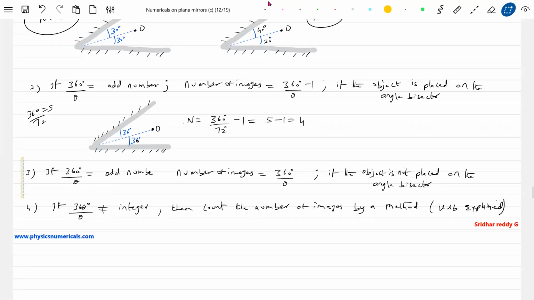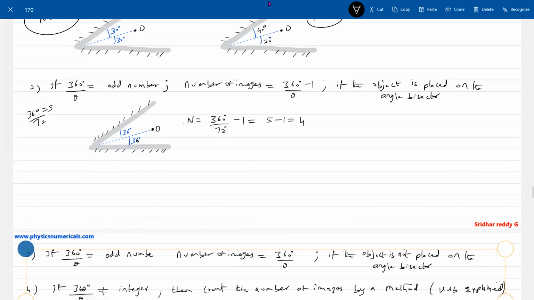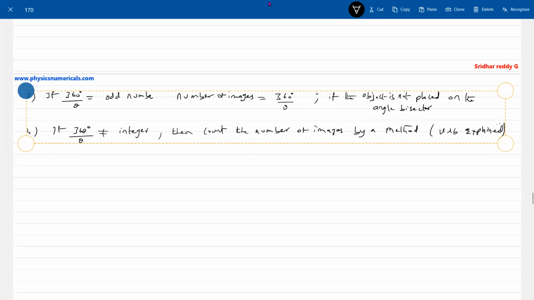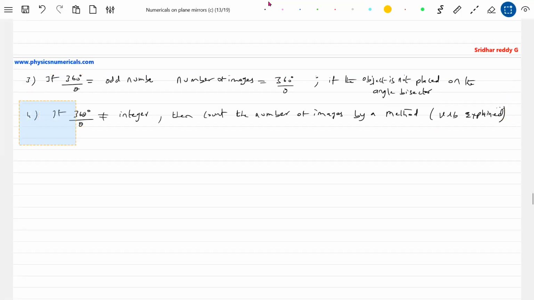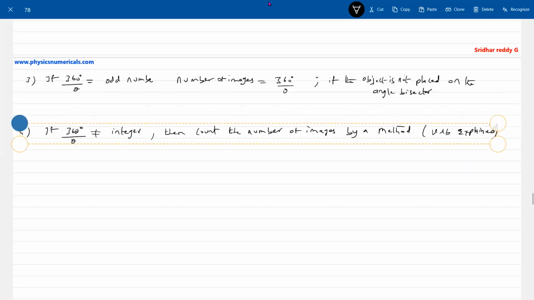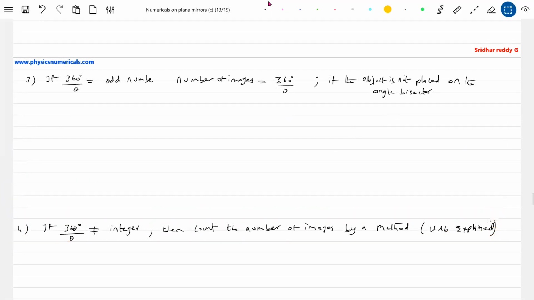Next condition, I have to explain the next condition. Again, if it is not on the angle bisector, we'll take 40 degrees and 30 degrees.